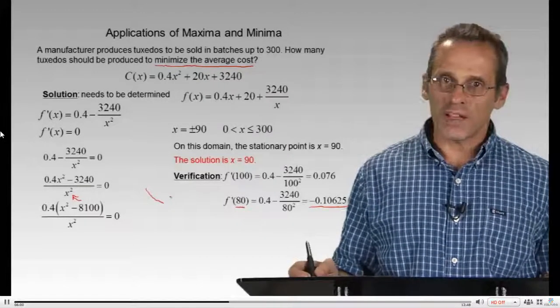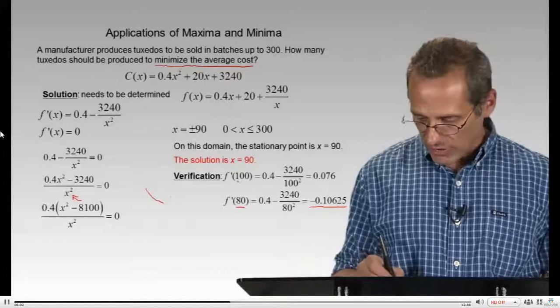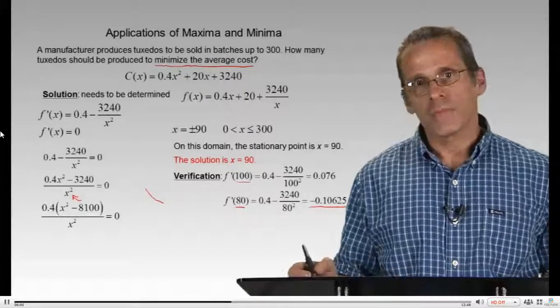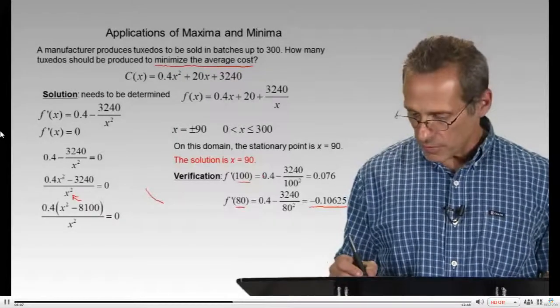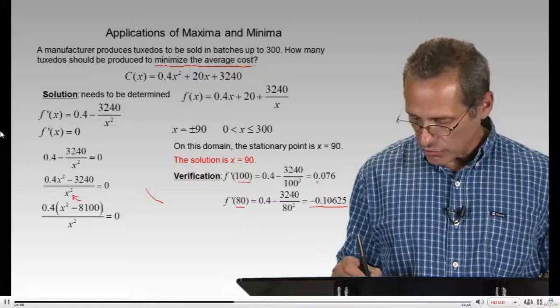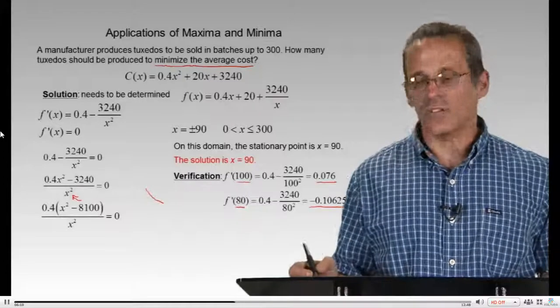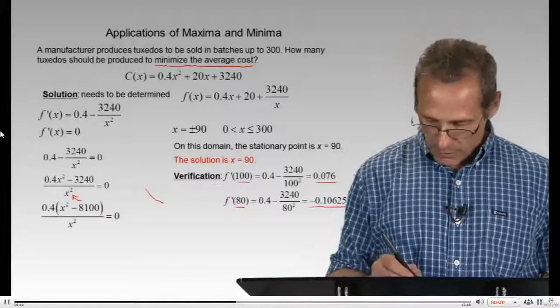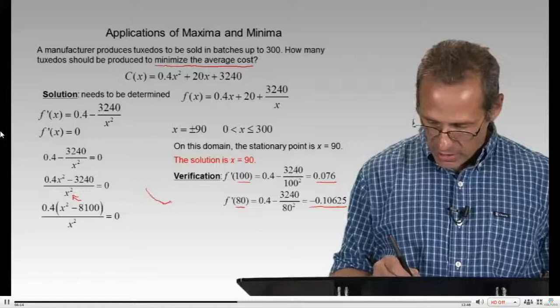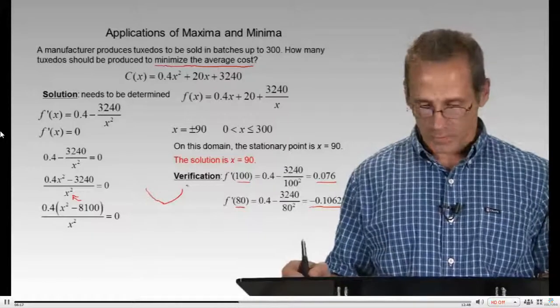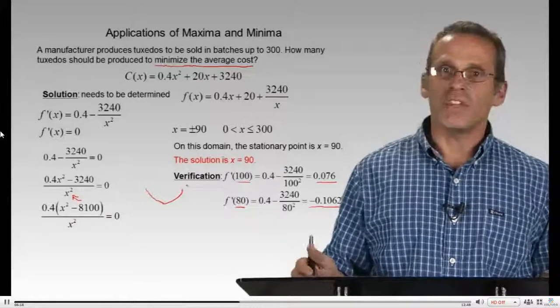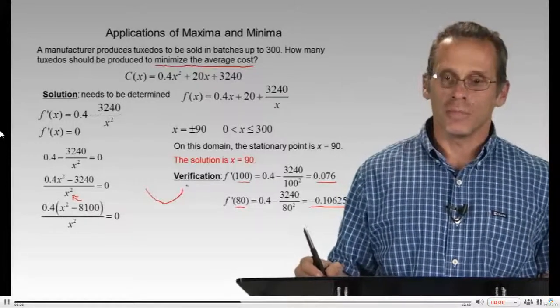We take a value of x that is greater than 90, say x equals 100, evaluate it in the first derivative, and we find the first derivative evaluated at 100 is positive. Right of x equals 90, the function's increasing. It looks like we have indeed found a relative minimum.